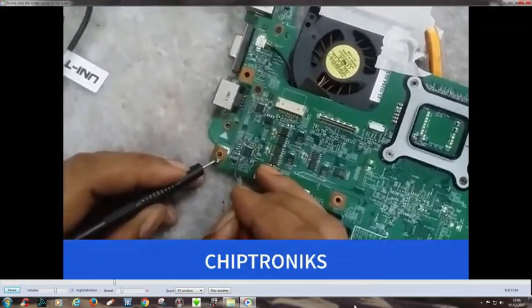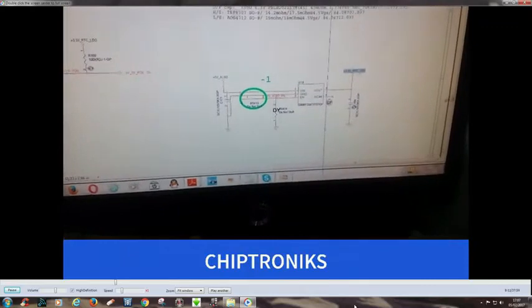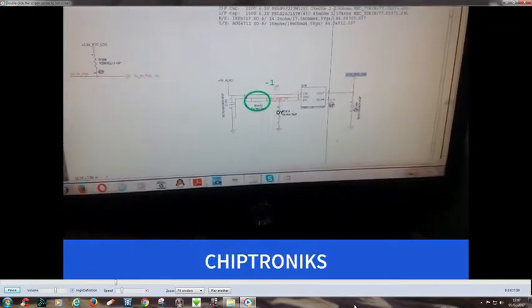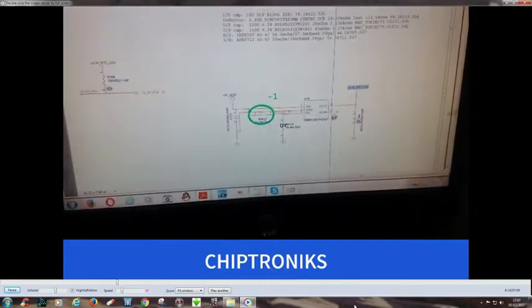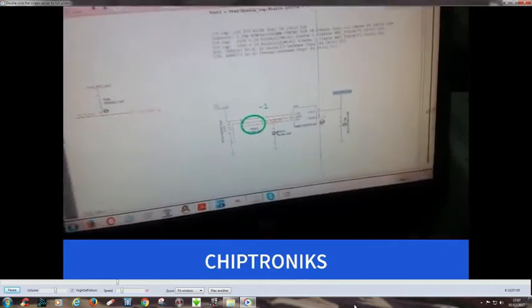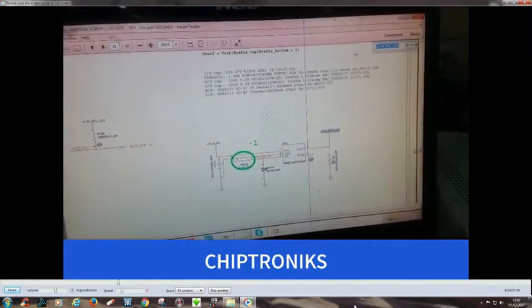So 5 volt is converted to 3.3 volt via this IC. If 3.3 volt is not coming, we have to check the inputs, and if the inputs are not coming, then we have to check from where this plus 5 volt ALW2 is coming. So let's check from where it is coming.